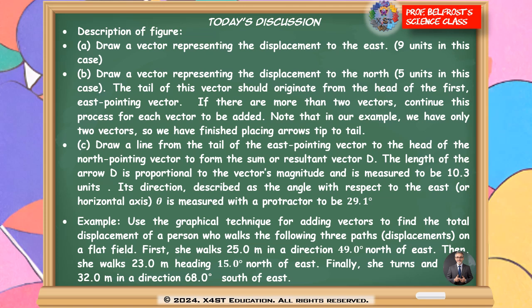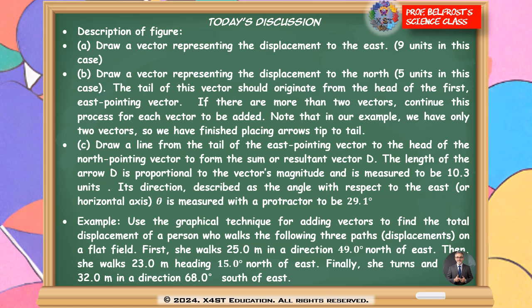The length of the arrow D is proportional to the vector's magnitude and is measured using a ruler to be 10.3 units, and its direction, described as the angle with respect to the east or horizontal axis, theta, is measured using a protractor, and it is about 29.1 degrees.